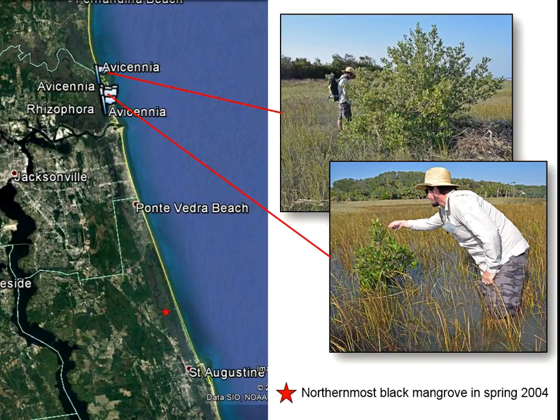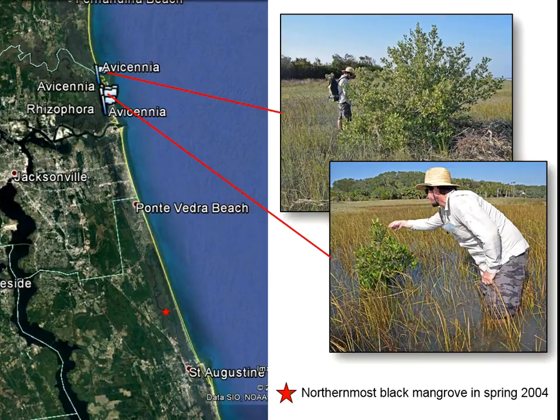This is this little star here. I had a road trip. This is in the spring of 2004. We came up here from Fort Pierce pulling a boat and looking for the northernmost mangrove.